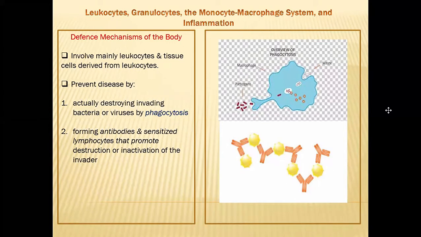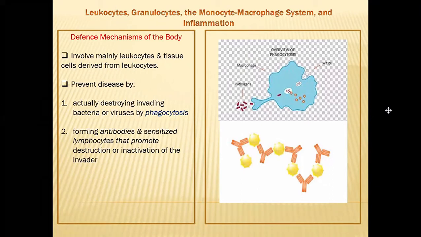Okay. So again, the picture on the right side of the screen depicts a phagocytic cell, the blue cell, trying to engulf bacilli. These are bacteria being engulfed, and it goes into the cytoplasm of the macrophage or the phagocytic cell.